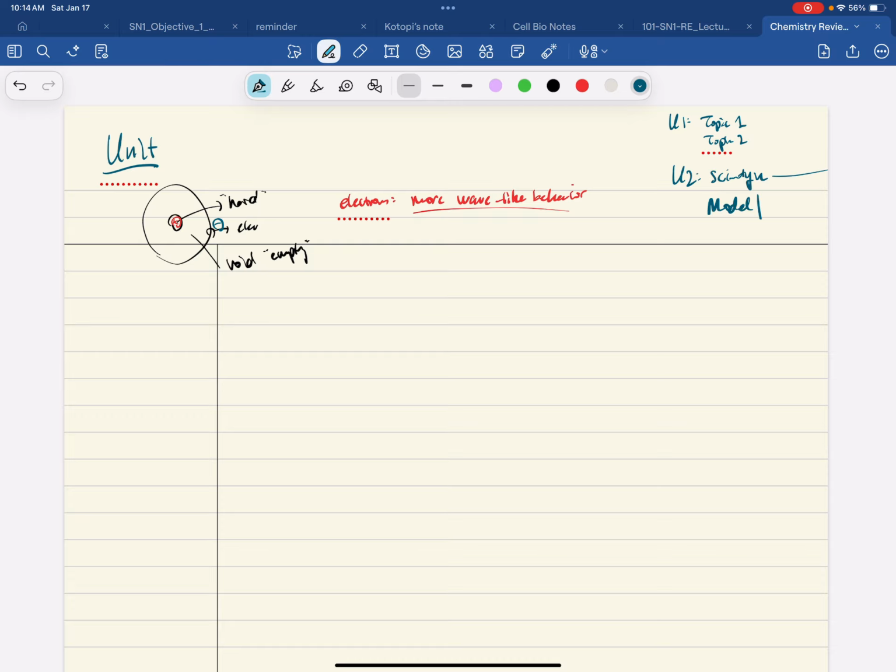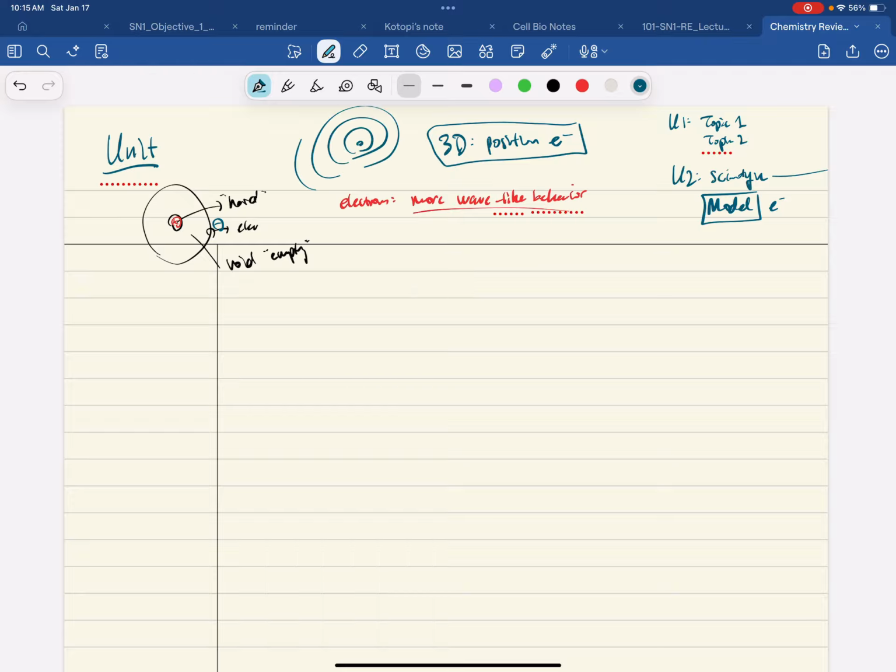There's a lot about the model in terms of electron configurations and how the electrons are placed in the atoms, and we're going to look at different atoms and elements and how the electrons are placed. Everything about the 3D positions of the electron is what we're going to be looking at, and it is not a flat drawing like the ones we used to learn in high school.